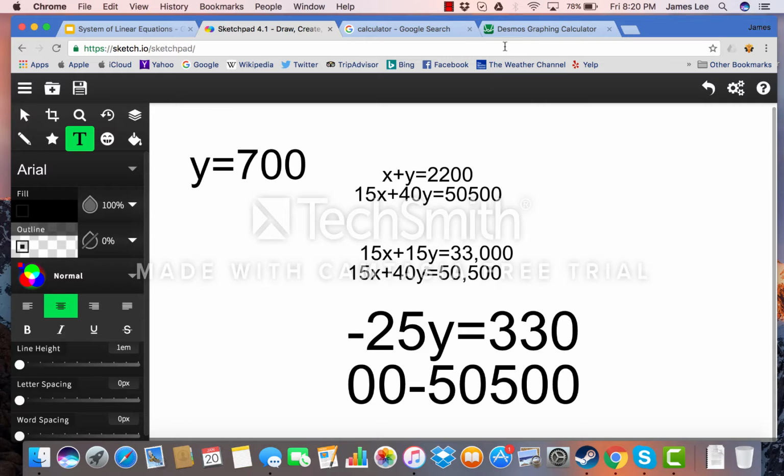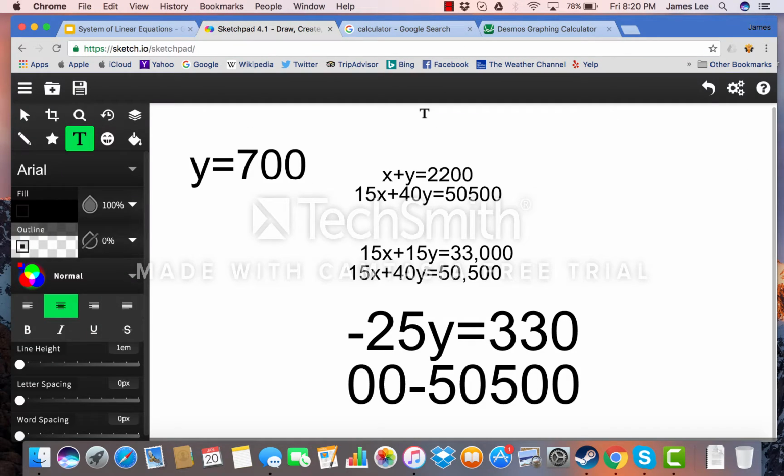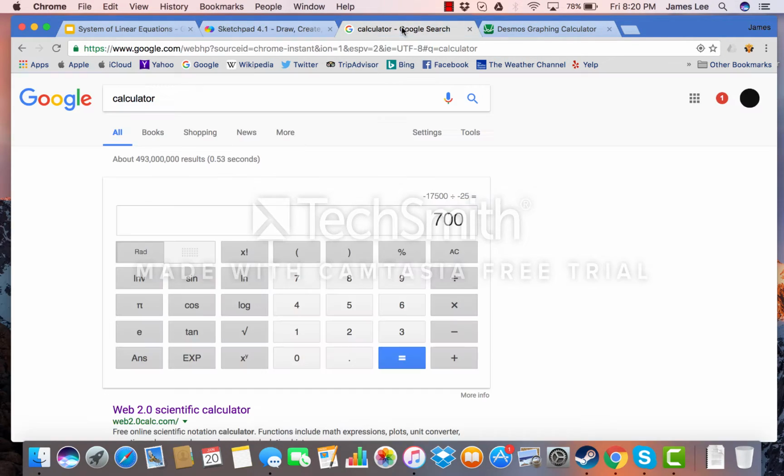Now, to find the number of children, we can simply put it into the first equation. x plus y equals 2,200. Since y is 700, it would basically be x plus 700 equals 2,200. By subtracting 700 from 2,200, we're able to find the number of children. So, 2,200 minus 700 equals 1,500.